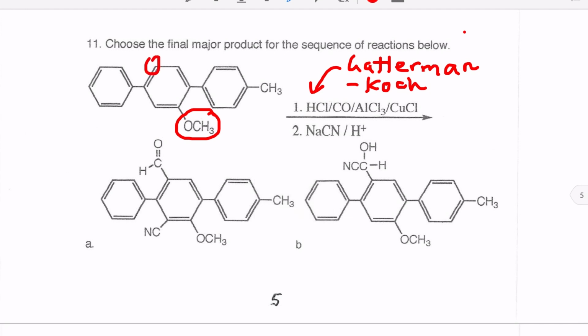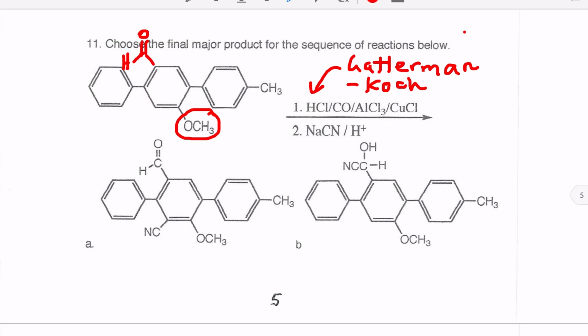And that matches with our idea of the methoxy group being an ortho-para director, because these two positions, the ones that I've circled here, are in the para position relative to each other. So that means that we can add the aldehyde to this position right here. So I'm just going to write it right over here. So that's the first reaction.